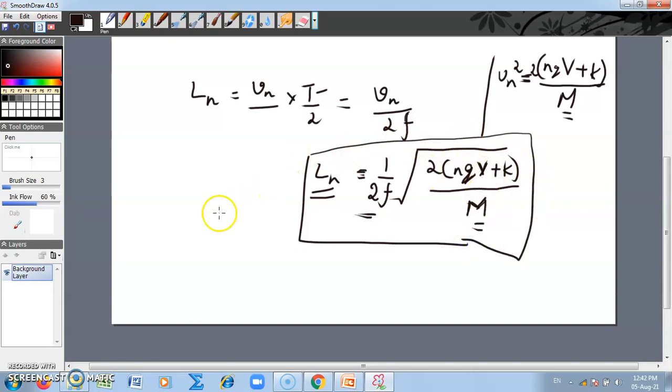So this is how particles are accelerated in a linear accelerator. Actually there are a lot of things to it, like when particles pass from this to this, there is a tendency of particles going this way.